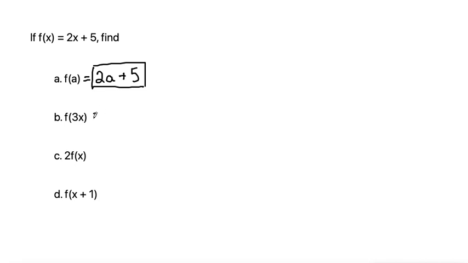So anytime I see x in the problem, I want to open a parentheses or a bracket, depending on where you're from, and plug in what is in the f into that parentheses or bracket. And then I'll just bring down the rest. Okay, so that's my substitution. Now to simplify, I will multiply 2 times 3x is 6x, and so we have 6x plus 5 would be f of 3x.